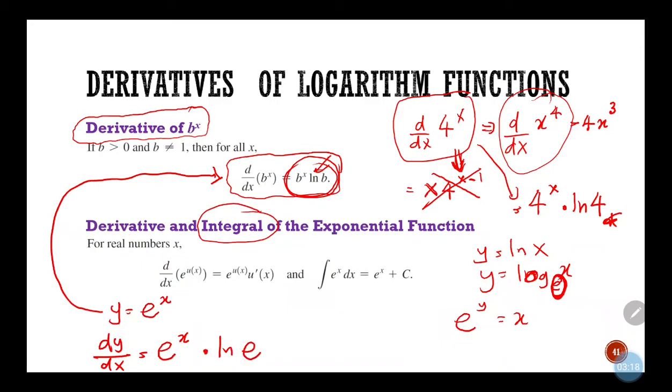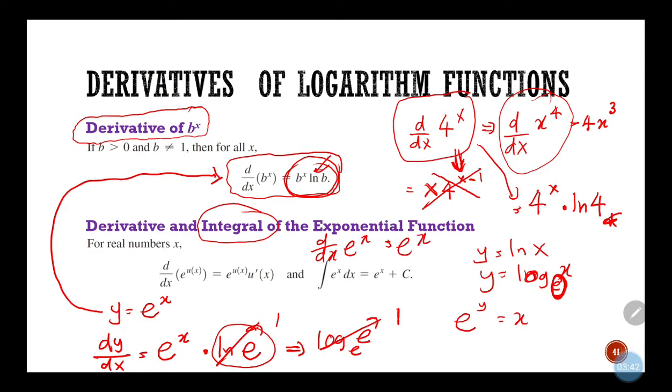Ln e. For this case, ln e is equals to what? Ln e ni sebenarnya log e base e. Ni sebenarnya adalah 1. Okay, 1. So meaning to say here, d/dx of e^x, we get e^x.